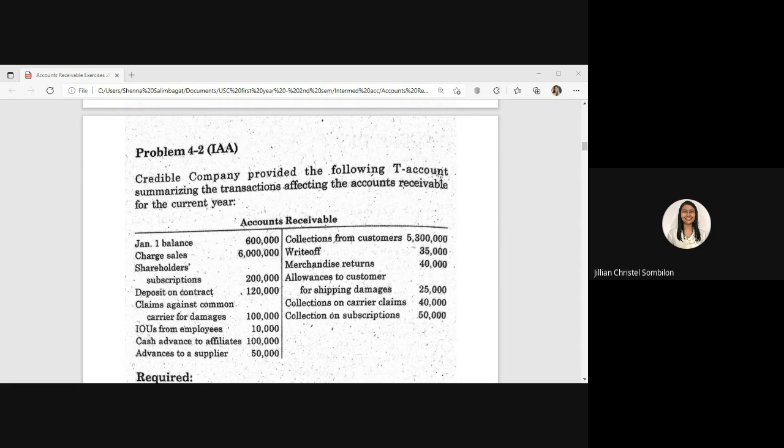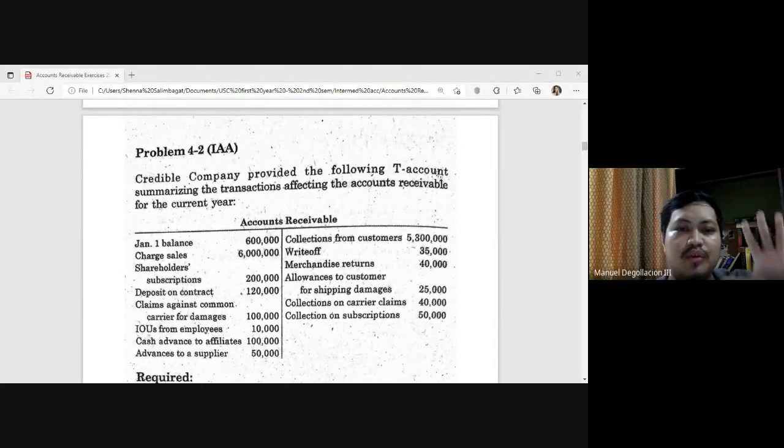6,600,000, sir. And then minus collections from customers, credit 5,300,000, sir. Then what do you think was the entry there? We know that accounts receivable was credited because it was posted on the credit side.